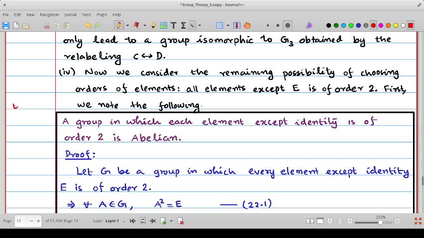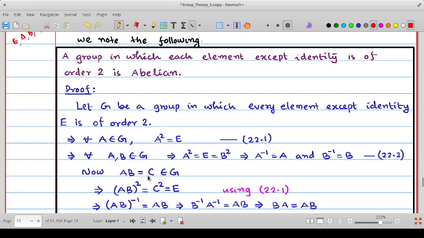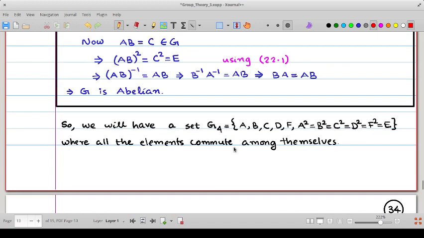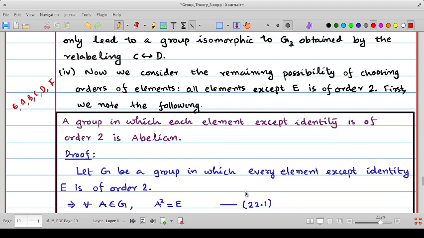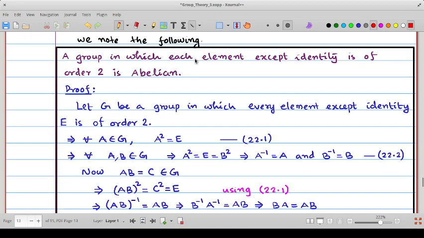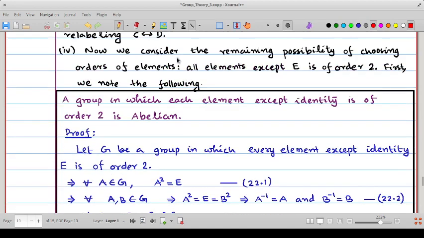So it will be E, then A, B, C, D. No, I can't have, so F. Before checking whether it is possible to construct a group of order 6 with this choice of elements, we will first state a property of the groups formed completely by the elements of order 2 except for the identity.